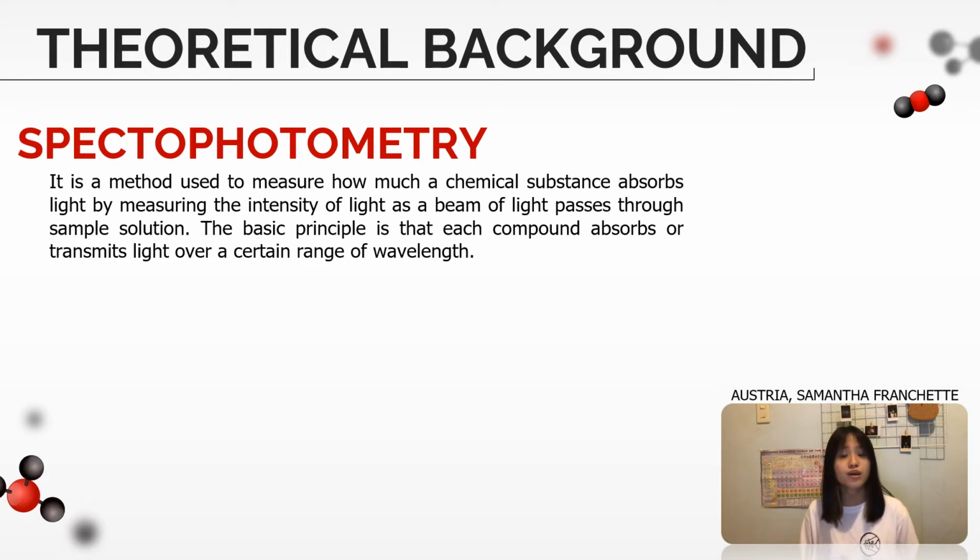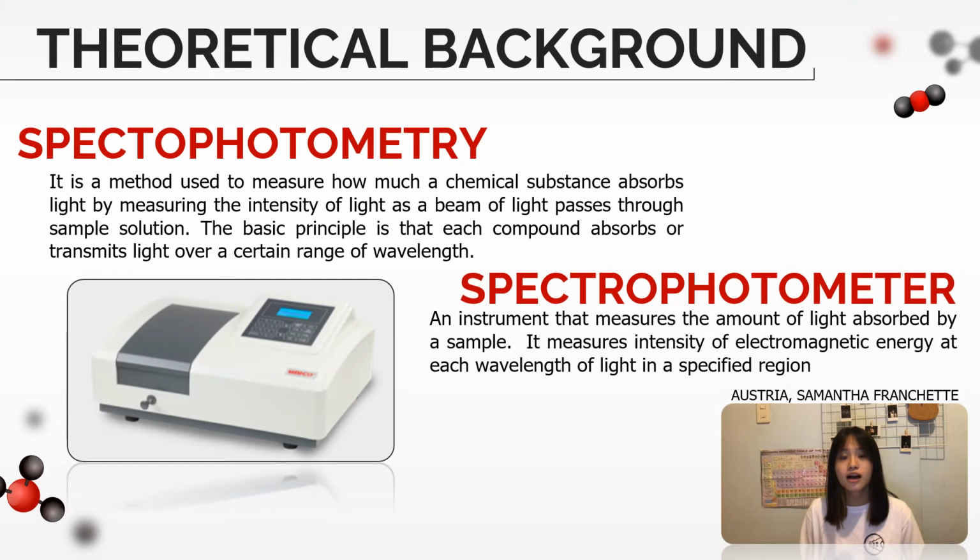So, with the use of spectrophotometer, which is an analytical instrument or device used to quantitatively measure the visible light, ultraviolet light, and infrared transmission or reflection, then the method of spectrophotometry can be done.